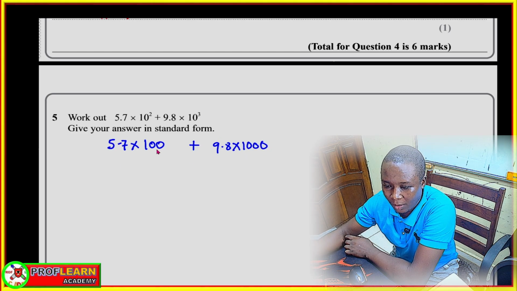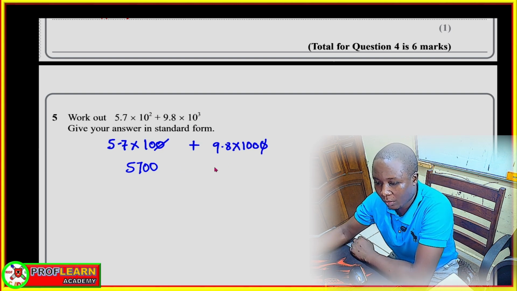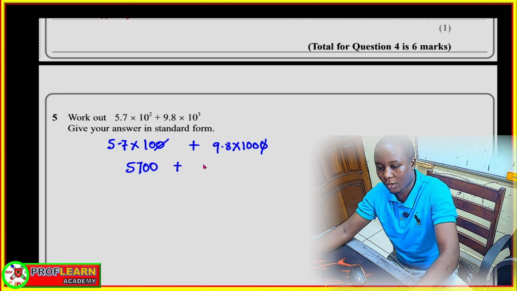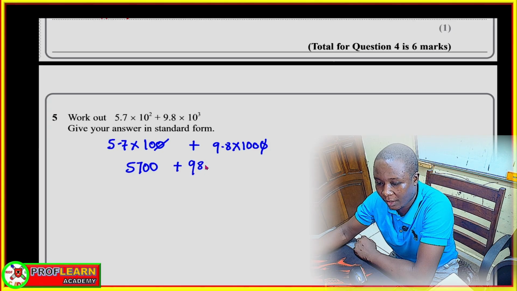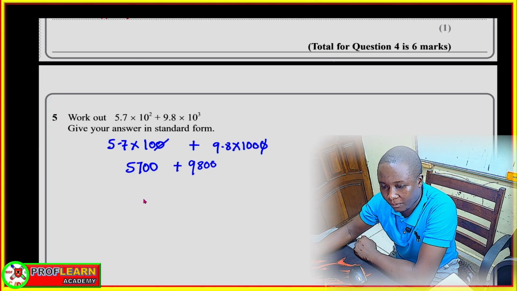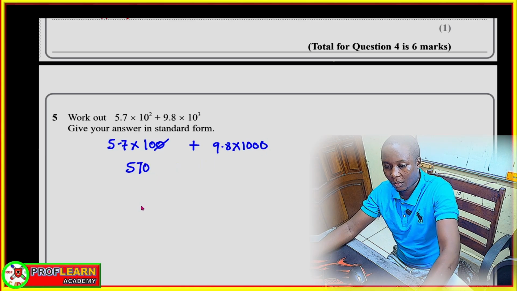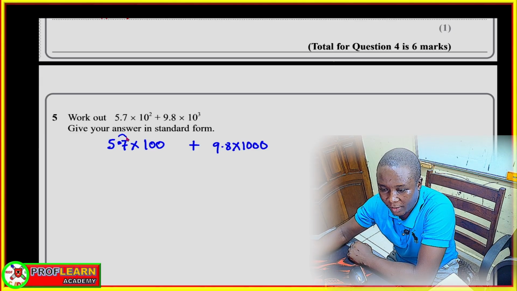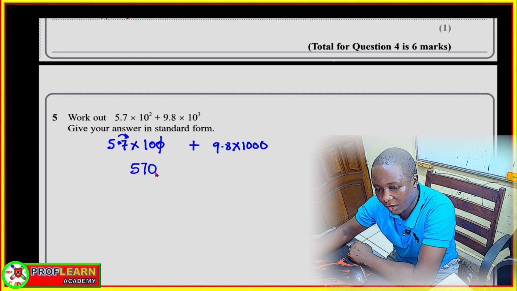Then since there is a decimal point here, you cancel 1 zero, so you'll have 570. Let me just correct that. Moving this decimal point to the right for us to have 57, we cancel 1 zero, so we shall have 570. Plus, moving this one step backwards so that we have 98, we cancel 1 zero, so we shall have 9800.